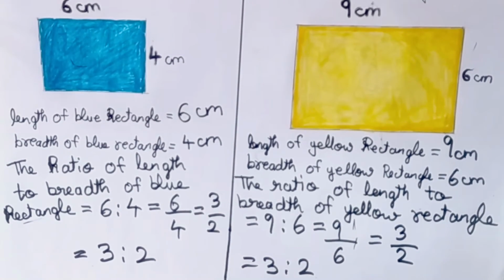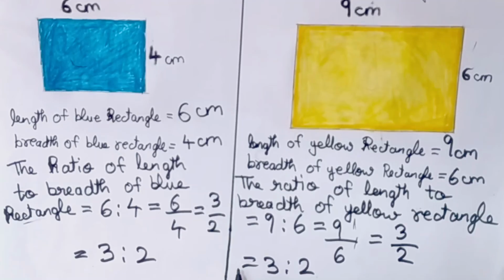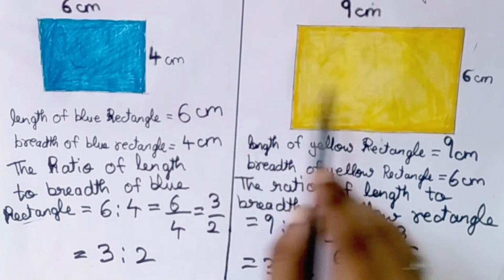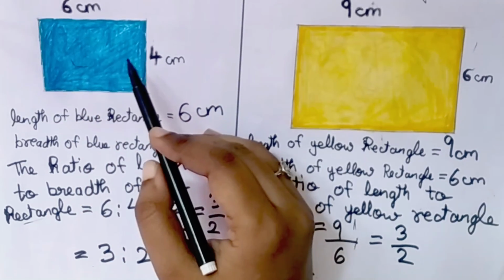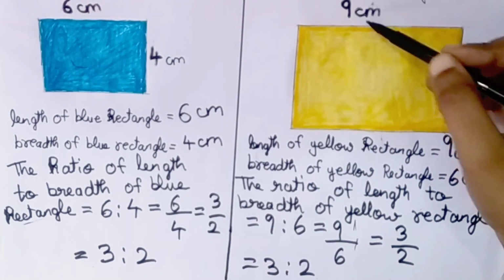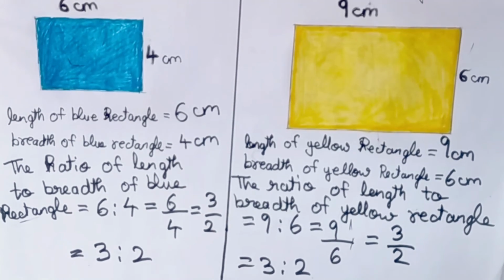This means both the ratios are equal, so both the rectangles are in proportion. The length and breadth of the blue rectangle are in proportion to the length and breadth of the yellow rectangle, because the ratio we are getting is constant, the same: 3 is to 2.